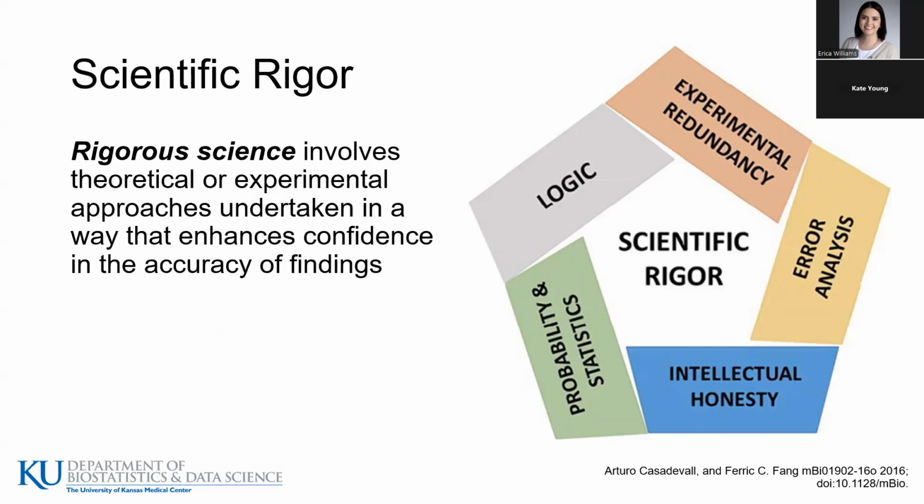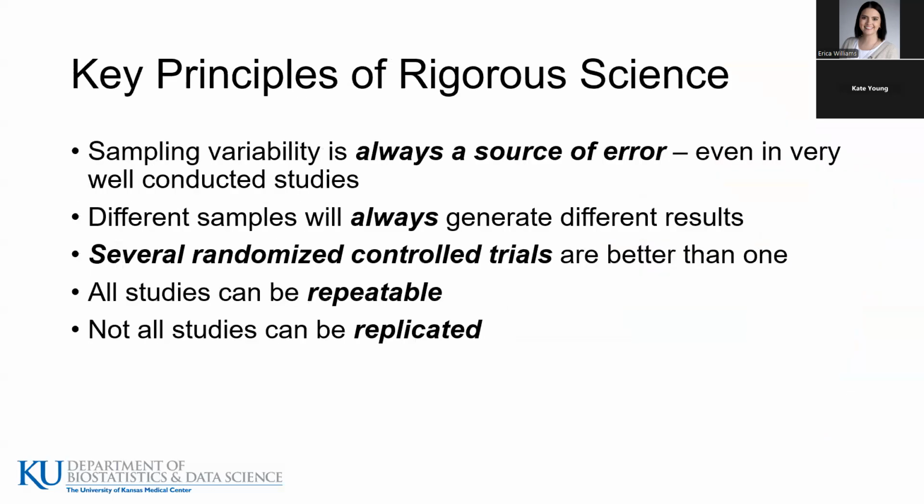Rigorous science involves theoretical or experimental approaches in a way that enhances the confidence of our research findings. And probability and statistics are a key component of scientific rigor. So some key principles of scientific rigor: even in very well-conducted studies, there's always a risk of a false negative or a false positive finding.